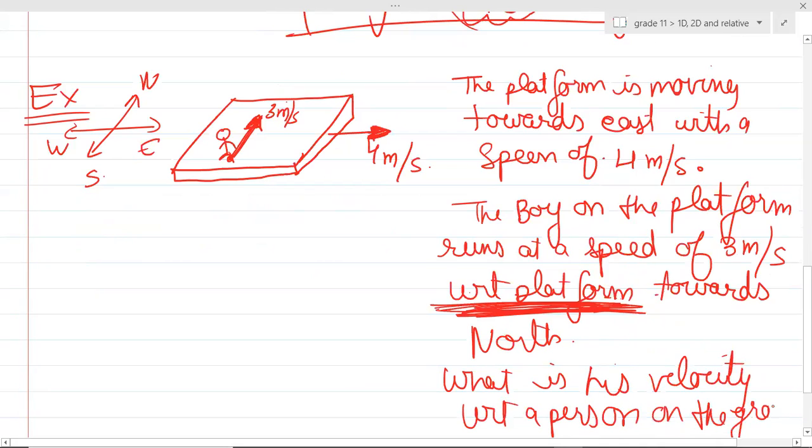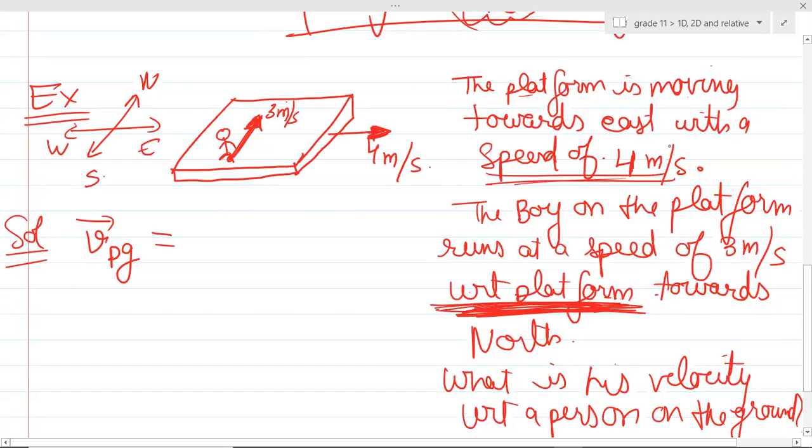So if I want to find out the velocity with respect to a person on the ground, how will you do it? What is given in the question? First, you need to identify what is given in the question. Can you see the platform is moving towards east with a speed of 4 meter per second, right? So basically, the velocity of platform is given with respect to ground. Guys, please identify what exactly is given, and that will be your key to solve any problem.